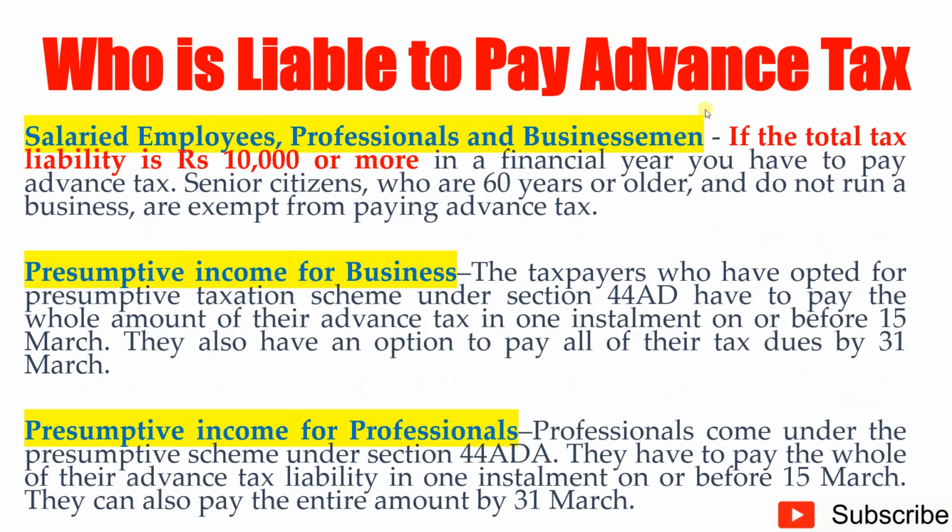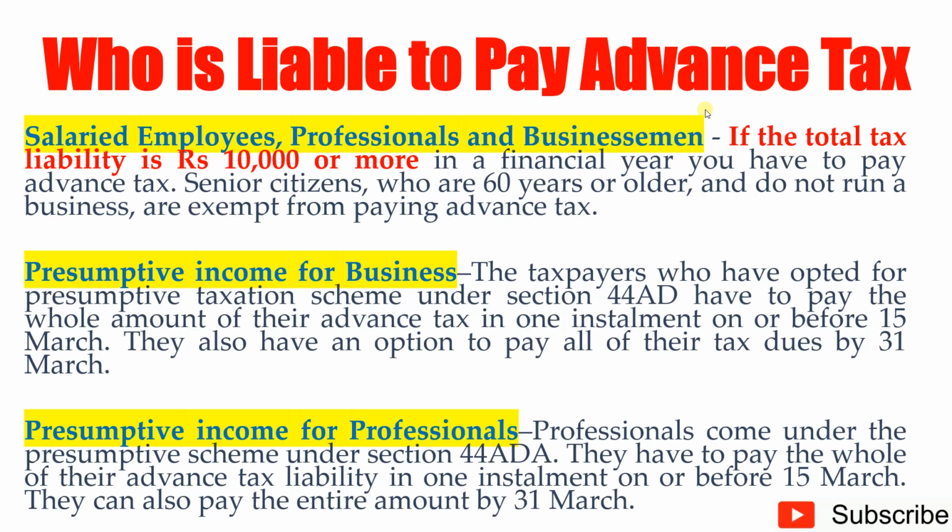Who is liable to pay advance income tax? We can categorize the advance payment of income tax into three: salaried employees, professionals and businessmen. If the total tax liability is rupees 10,000 or more in a financial year, you have to pay advance tax. Senior citizens 60 years or older who do not run a business are exempt from paying advance tax.